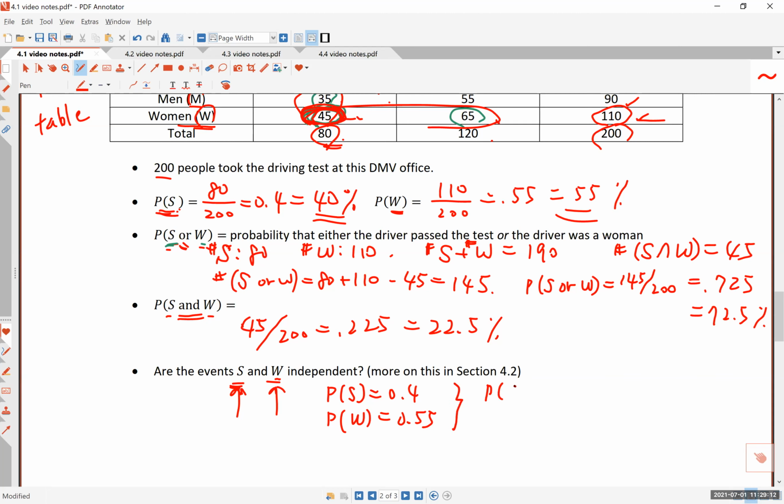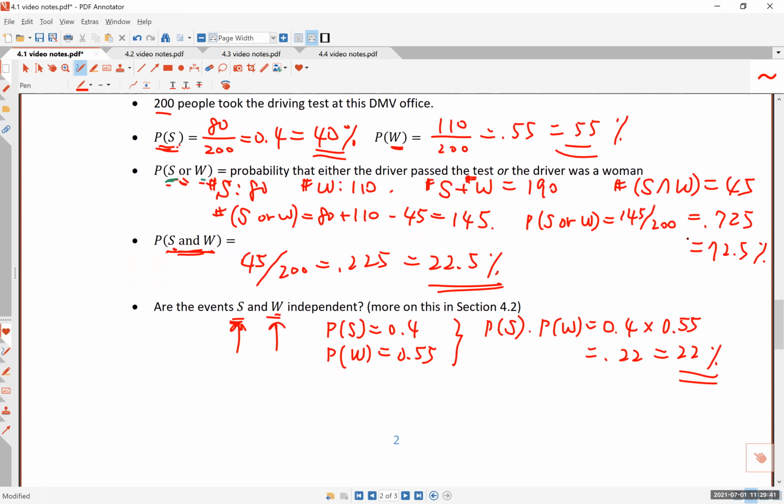If you multiply the probability of S and the probability of W, you can do this on your calculator, of course, what you will get is 0.22, right? So it's 22%, whereas the probability of S and W turns out to be 22.5%. It's slightly higher, not very much, but slightly higher. And so what this means, this is critical.